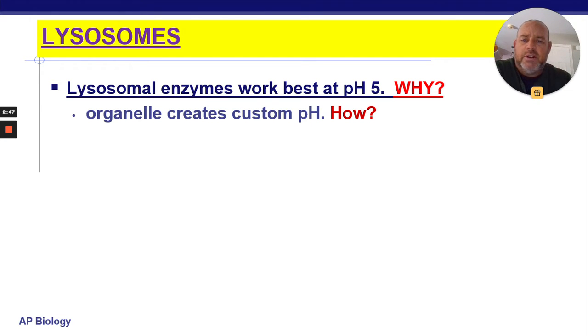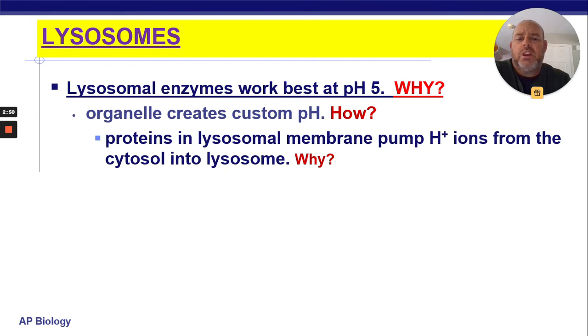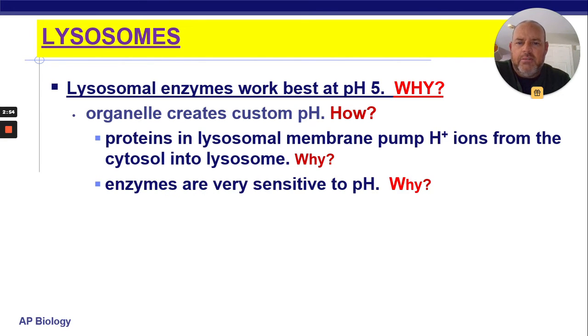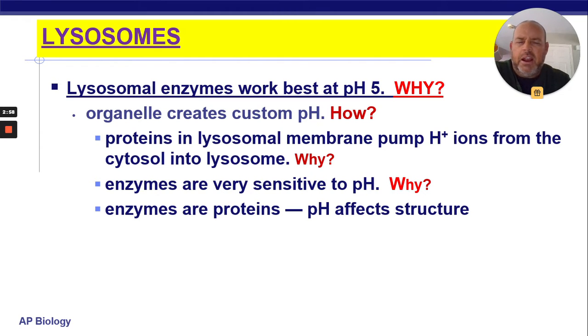the organelle kind of creates its own custom pH, and I have some questions here, so not a bad idea to kind of pause the video and think about, why would these things be, or how would it get this done. I mean, the lysosomes are breaking things down, so they have lots of digestive enzymes in there that are harsh, and a lot of those pHs tend to be a little bit more acidic.